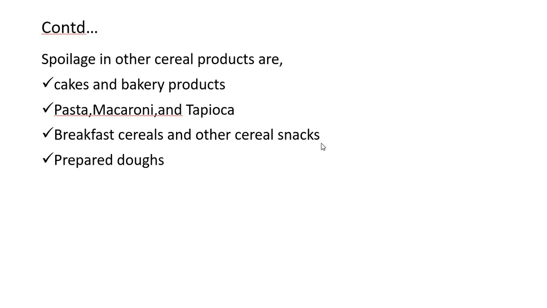About breakfast cereals and other cereal snacks, there are three basic breakfast cereal manufacturing processes, and these products are flaked, puffed, or extruded, like flaked rice, puffed rice, and so on. In the initial steps of manufacturing of these products, a high level of moisture is required.